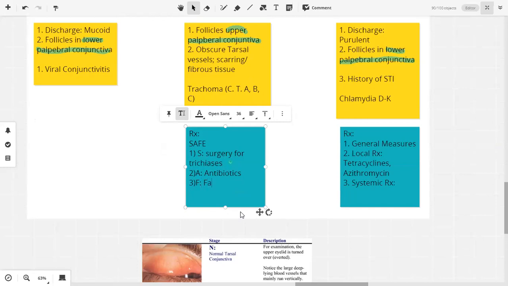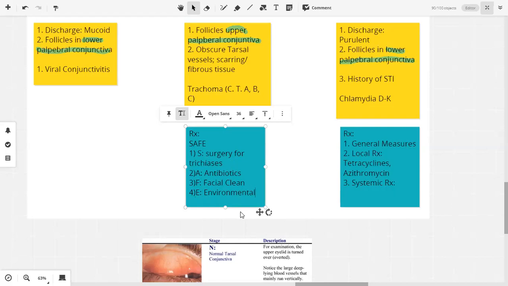Now उन्होंने F के confuse करने के लिए कि F से I में क्या relation बनता है, so they added F. It's facial cleanliness. And the fourth, E से क्या बनता है? Environmental. पे क्यों उन्होंने focus किया? Transmission.